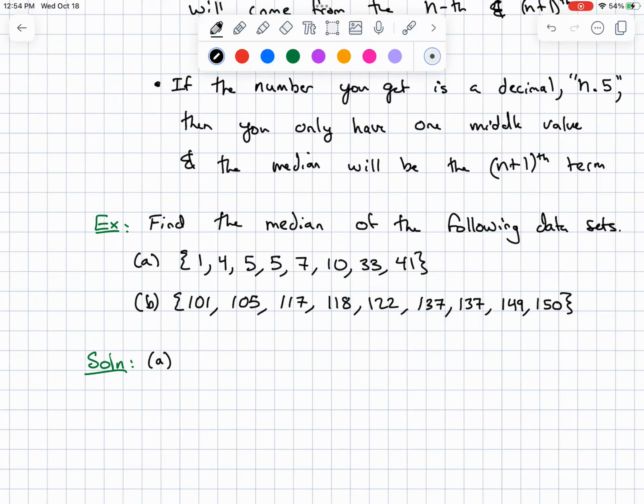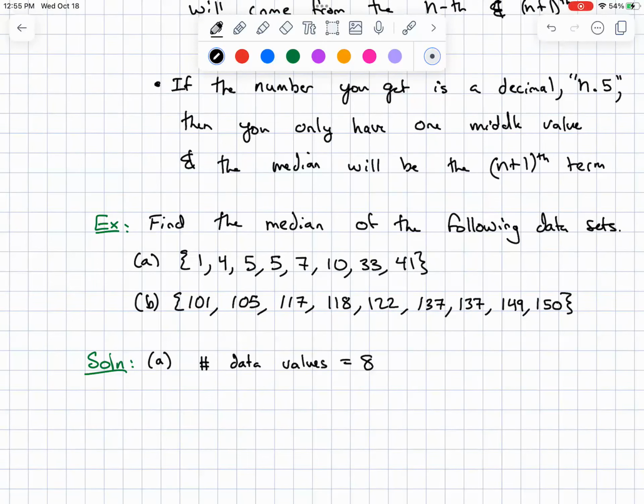And yes, this one isn't too bad to find the middle, but once again, if you have way more numbers, it will be a lot more of a tedious task. And I don't want you guys to be stuck doing tedious tasks if I don't have to. So counting the number of data values, 1, 2, 3, 4, 5, 6, 7, 8. So there are 8 data values.